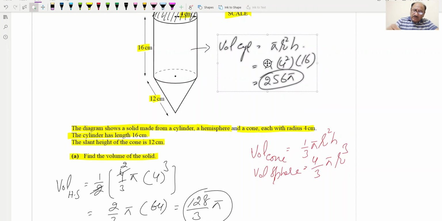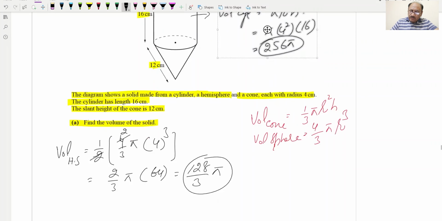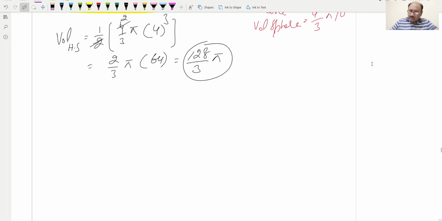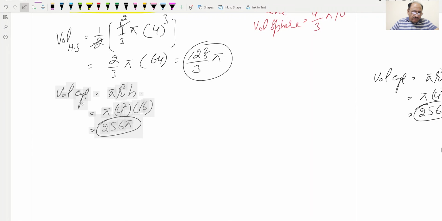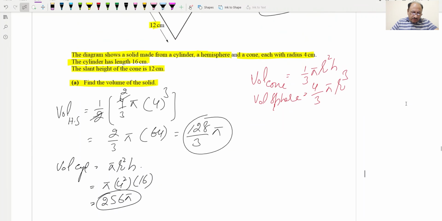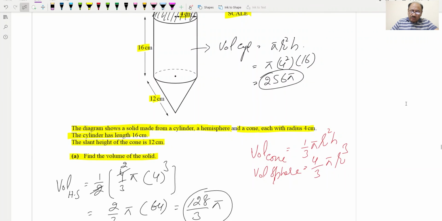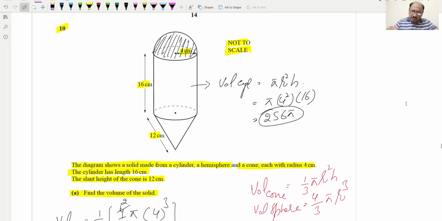So we can take this and copy and paste here. So this will be our volume of cylinder, which we have calculated. Now two things we have calculated. Remaining one is volume of the cone.